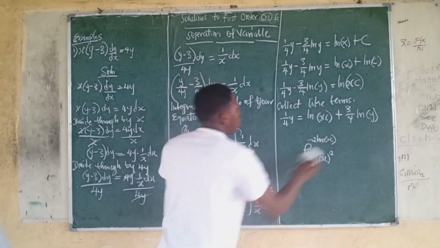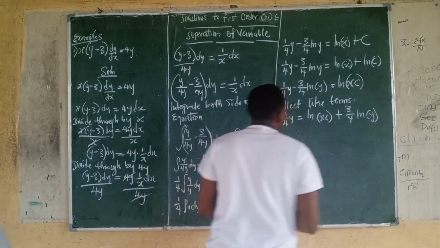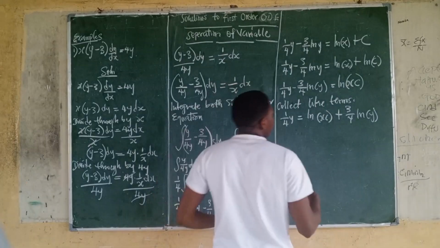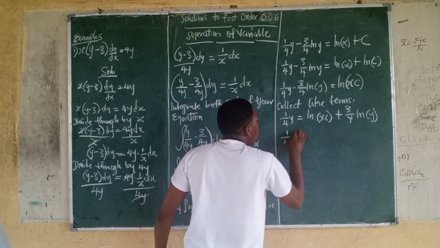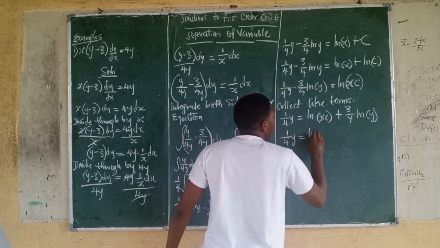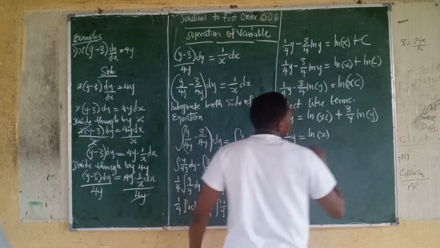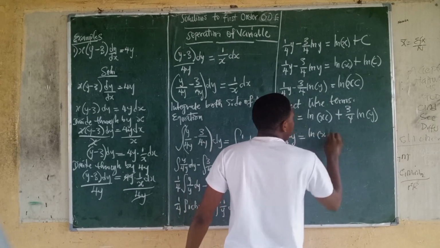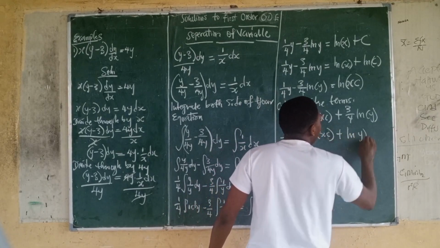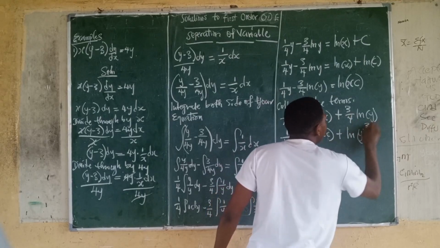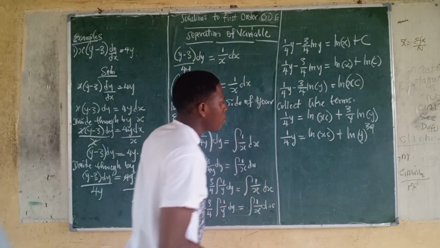So applying the same concept of integrating factor, we'll have 1 over 4 y is equal to ln xc plus ln y raised to the power of 3 over 4.